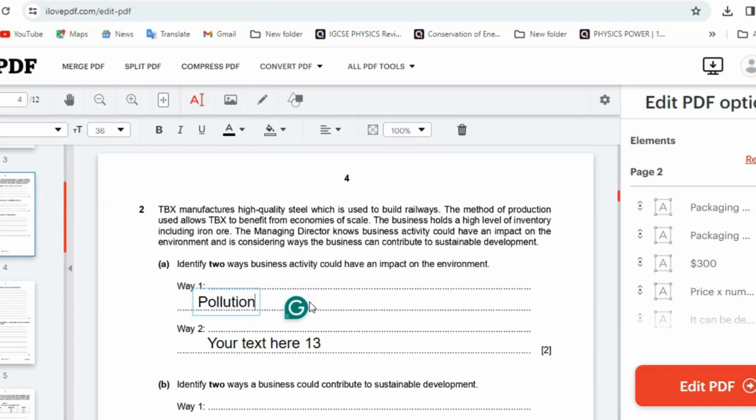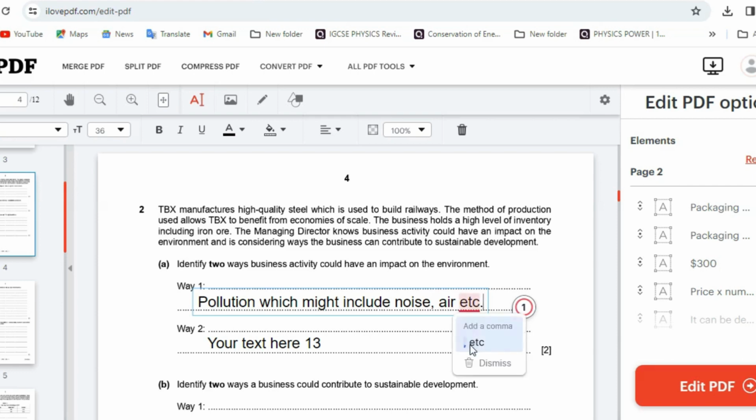What are the examples of pollution? It might include noise, air, and so on, because we are told to identify here. Of course, we also have global warming, the emission of greenhouse gases, which is also part of pollution.